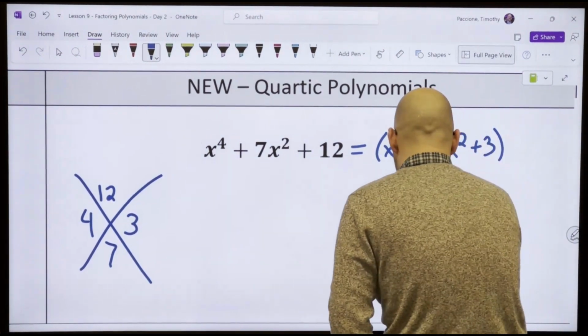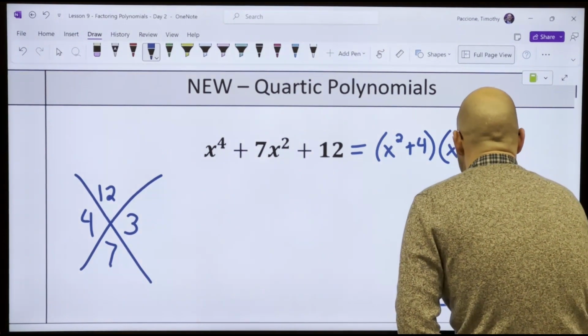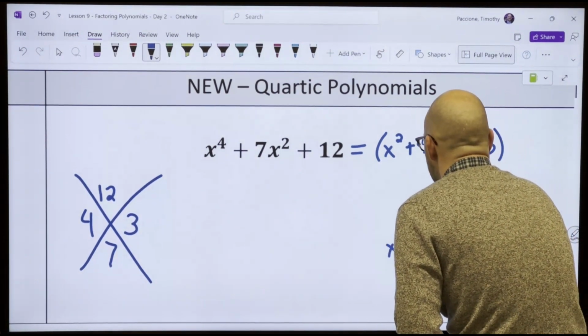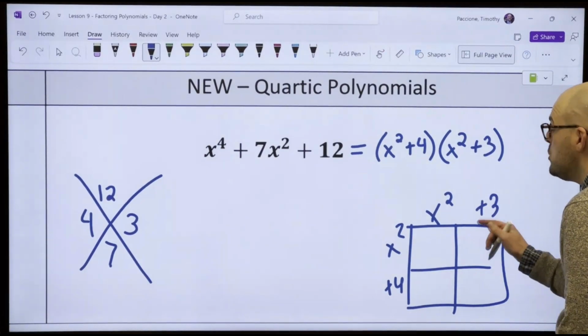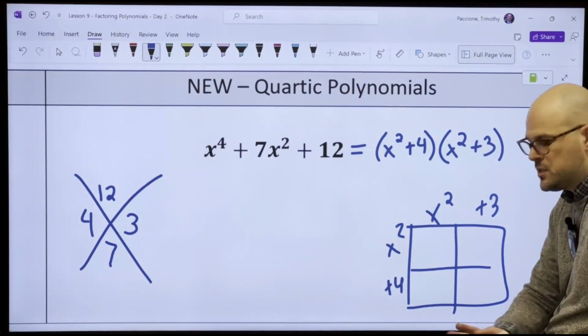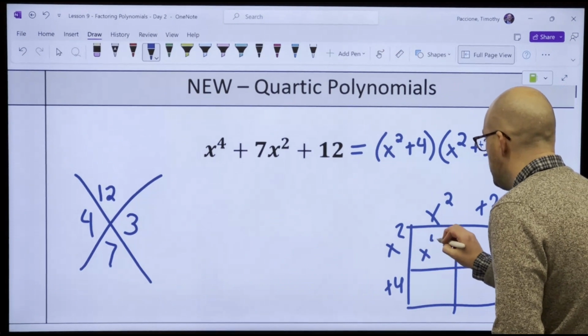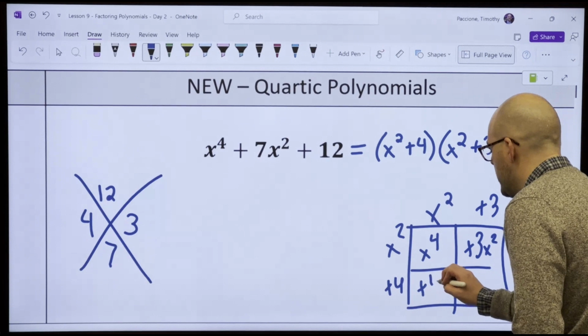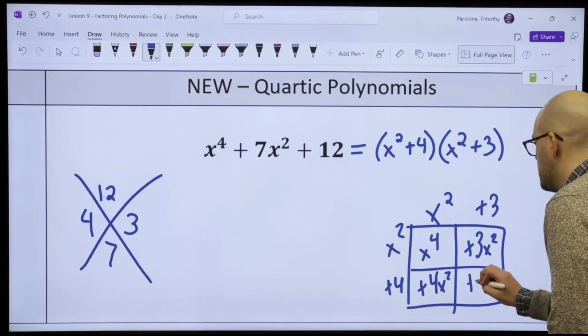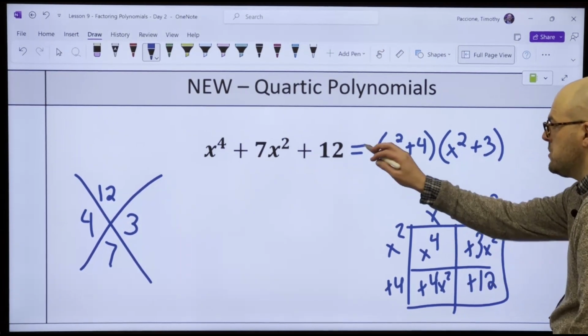We can prove it with a box if we want to, right? x squared plus 4, x squared plus 3. You don't have to check your work every time. I'm just proving this works, right? Gives me x to the 4th plus 3x squared plus 4x squared and plus 12. That gives me my x to the 4th.